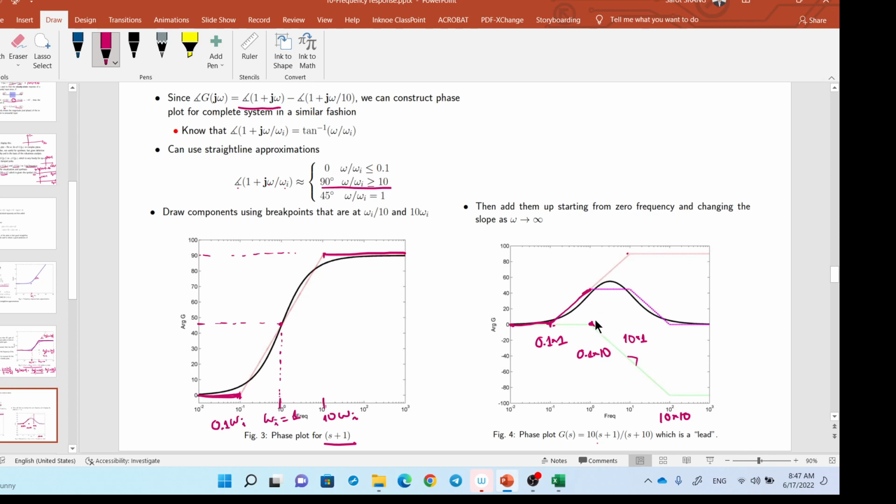When you add them together, you get zero slope. Okay, and from here to here you have one asymptote with zero slope and another asymptote downward sloping. So you have the result as downward sloping like this, and from here to infinity both asymptotes have zero slope. Then the result of adding them together must be zero slope.